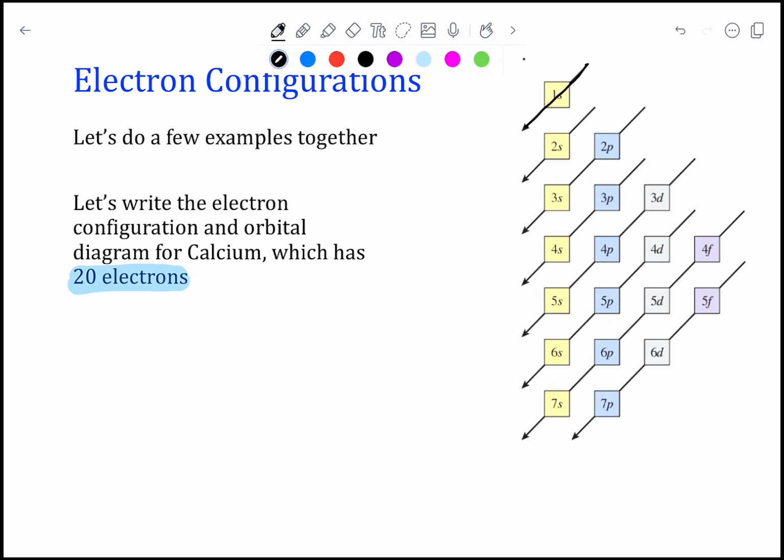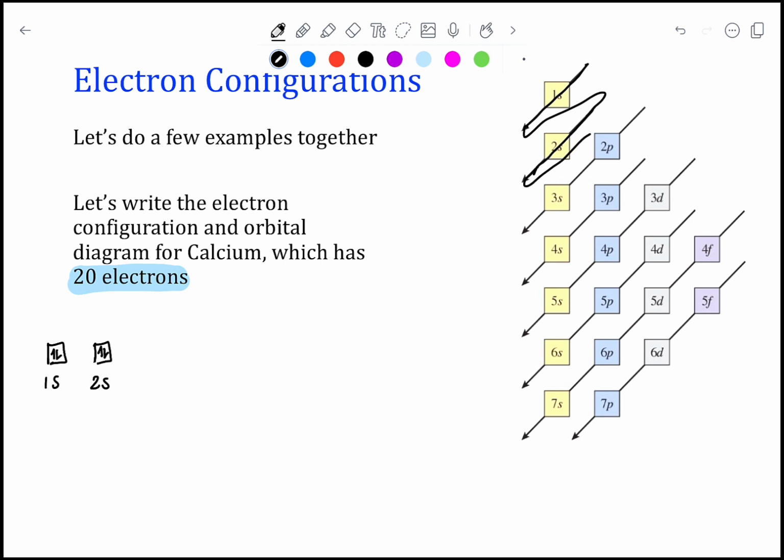We're going to draw our orbital diagram first. So 1s, we have 2 electrons. Then we go to 2s, which is next, another single box. So that's 2s, that's 4 electrons total. We have 16 electrons left.